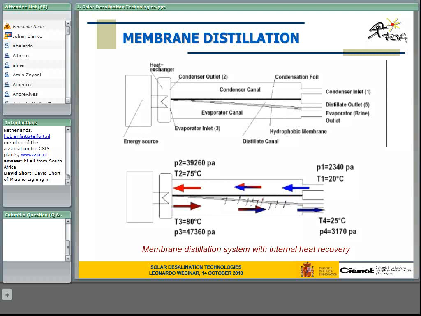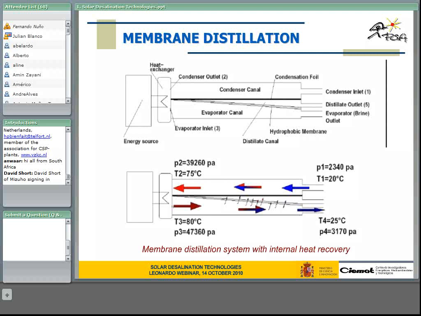The condensing is taking place in the intermediate channel, and then at the end we increase the temperature by providing additional energy from an external source. In this case it is the sun, and then this hot water is passed through the membrane.